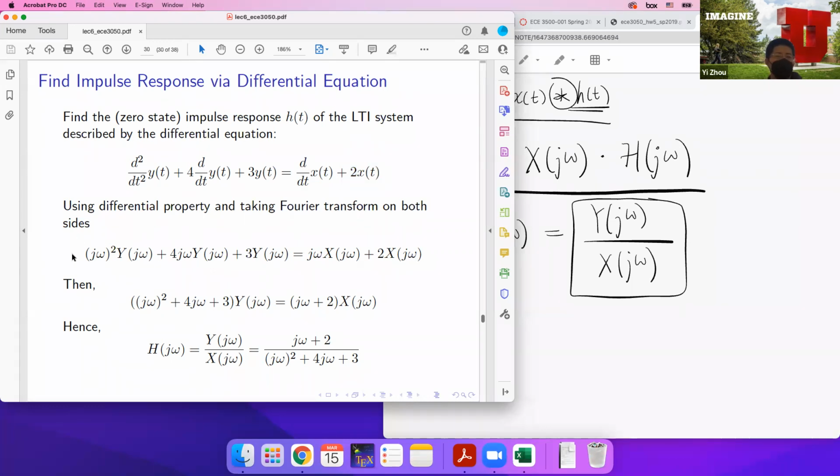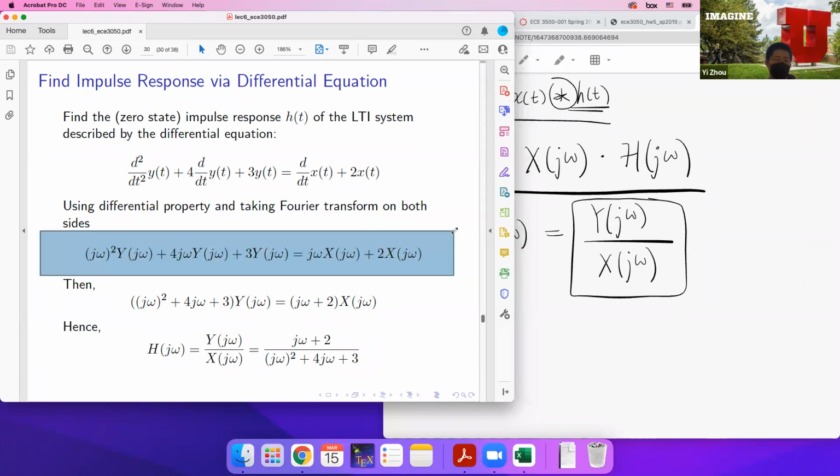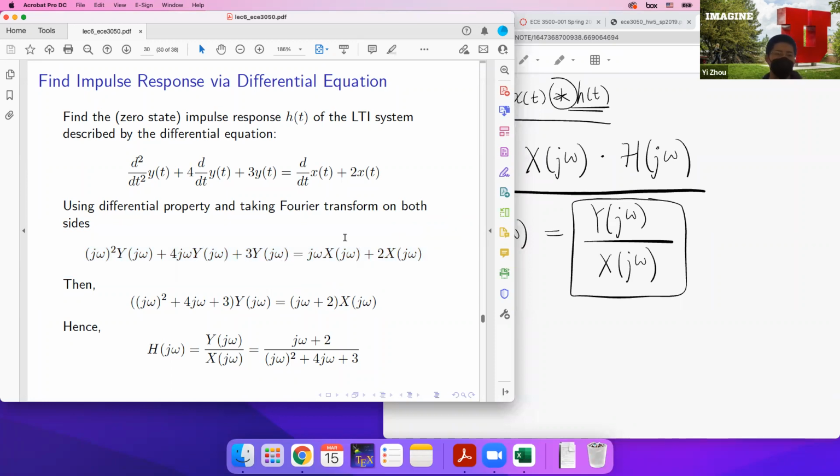Now, after taking the Fourier transform, the system equation is in the frequency domain, and you can see that you completely get rid of the higher order differentiations. Instead, you only have a simple linear equation with regard to the spectrum of Y and the spectrum of X, scaled by different constant coefficients.